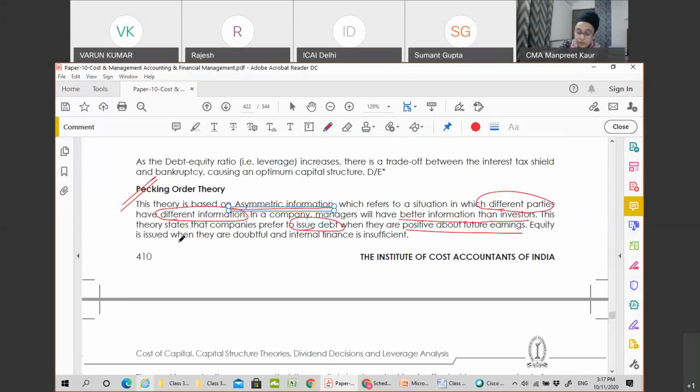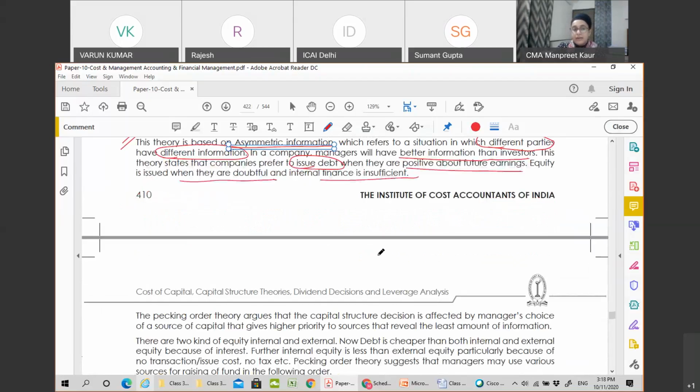Equity is issued when they are doubtful and internal finances insufficient. Then we will focus on equity.